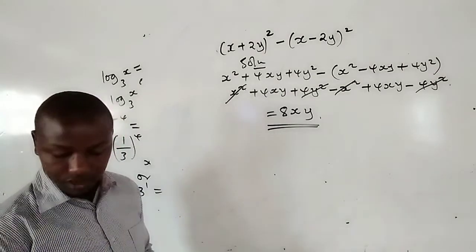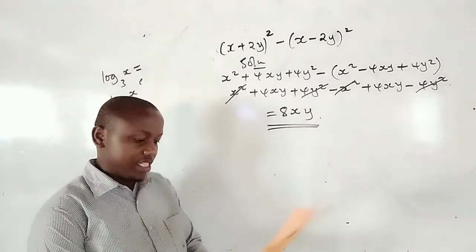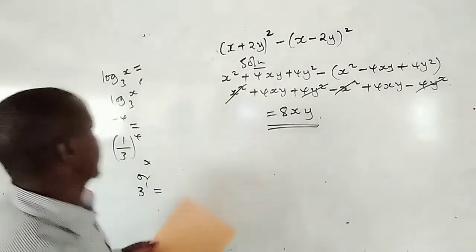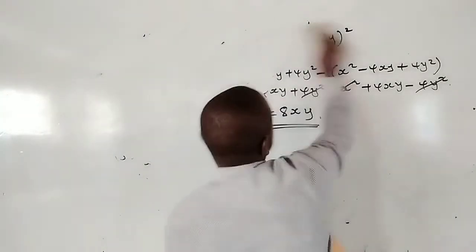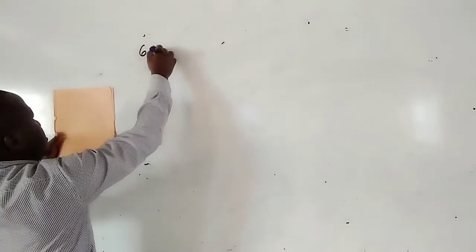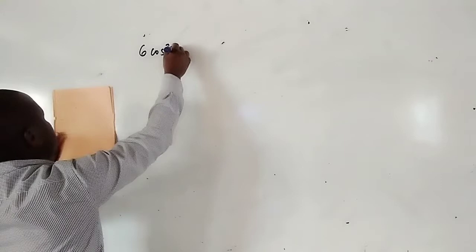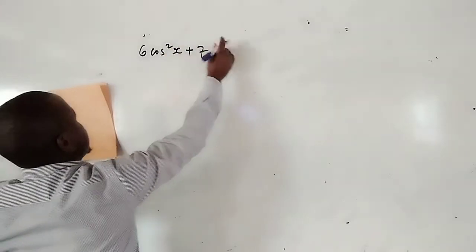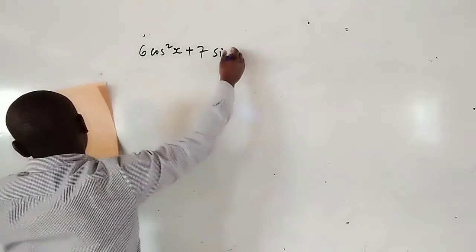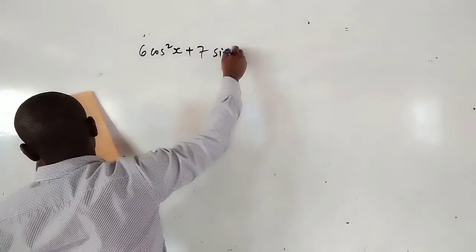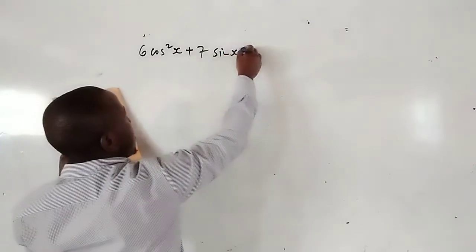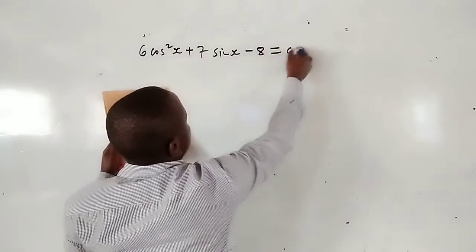Solve the equation. The next one. Solve the equation. It's a trigonometric equation which says that 6 cosine squared of x plus 7 sine x minus 8 is equal to 0.